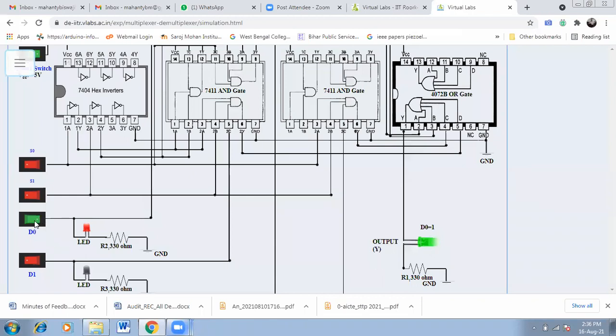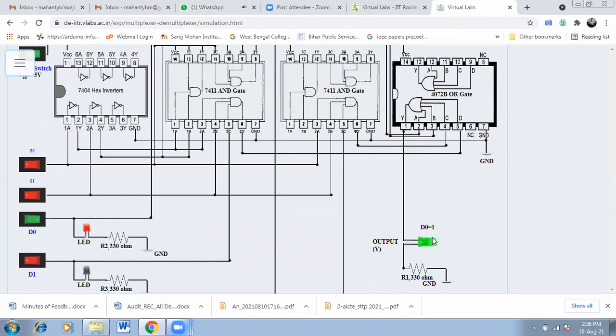Okay, if you put D0 as 0, so see D0 is 0. As we have taken the data selector 0 0, D0 is on, the LED is glowing, so D0 is applied, D0 is high, D0 is equal to 1 here. So output also gives you high value. So that is the purpose of using a data selector.